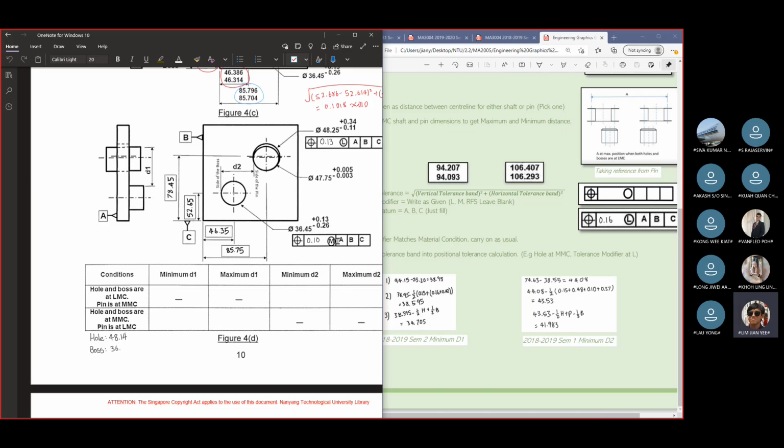If you can do this with me, it'll be more beneficial. Then the pin is at LMC. The pin is a shaft, so the LMC for a shaft is just a small amount. So it's just 47.75.